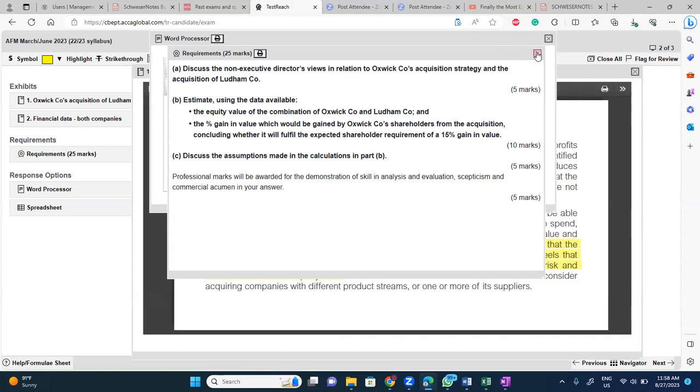Now let's move to the B part. Equity value of the combined company.